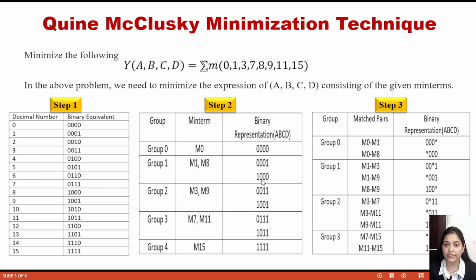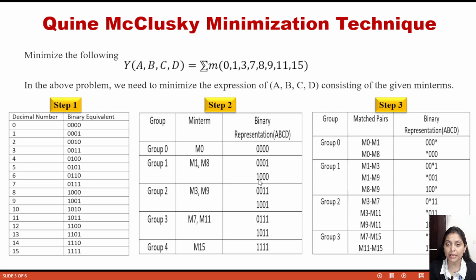Then the next bits are the same, 00. Then again the third bit, 0 and 1, changes. The fourth bit also 0 and 1, changes. So here actually 3 bits change. So we will not consider this particular comparison. So we will go to the next comparison, that means M8 and M9.